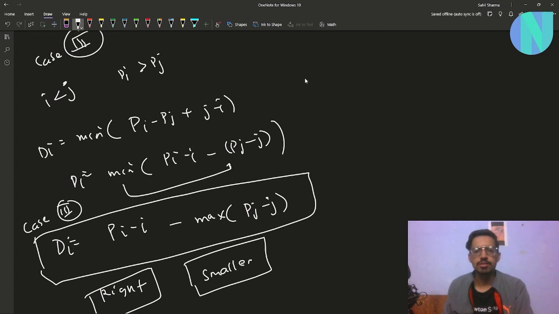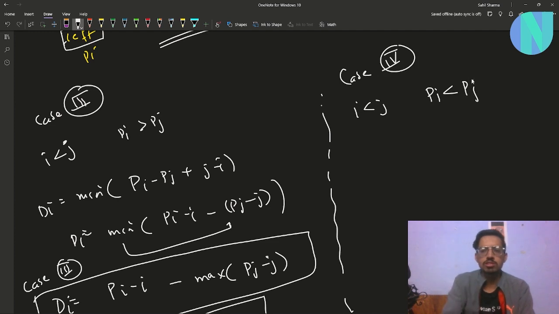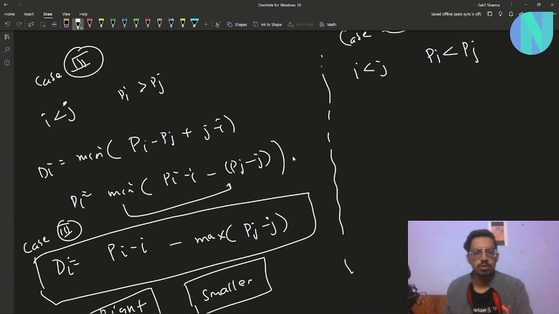So the only case left is the fourth case. Let's talk about that also. So we have case 4, where your i is less than j and your pi is also less than pj. So in this you get d of i is equal to minimum of pj minus pi plus j minus i.